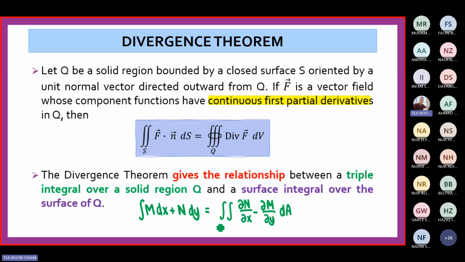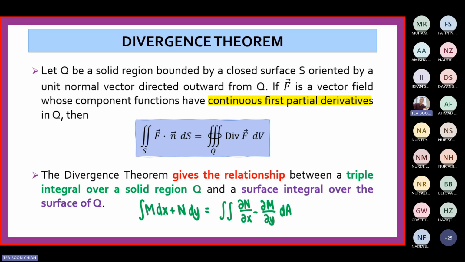I hope you remember. Also in Green's theorem, we learned the question may be asked in several ways. Either the question asks you to use Green's theorem to evaluate a line integral, or simply asks you to evaluate a line integral, or verify Green's theorem.